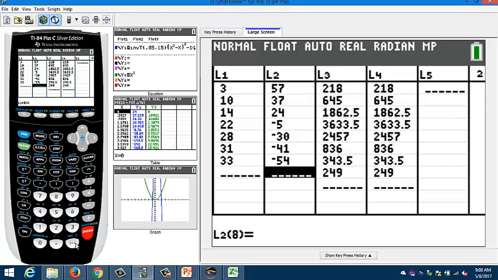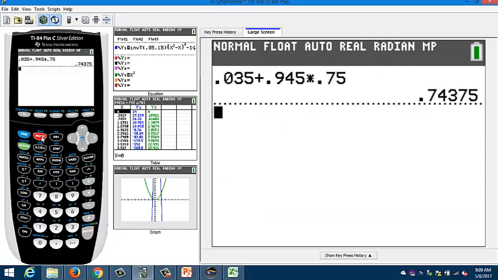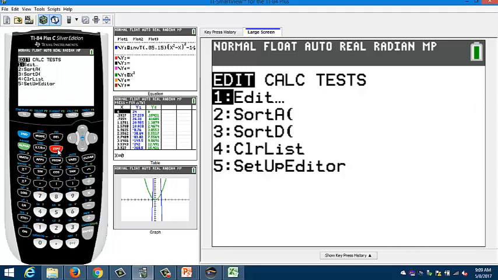So when you're all done here, second quit is the way to get out of the lists. So I'll hit second, and I'll hit quit. Okay? And now I'll hit the stat button. This is what Sarah asked me, are you going to use linear regression t-test? Let me show you where that is.